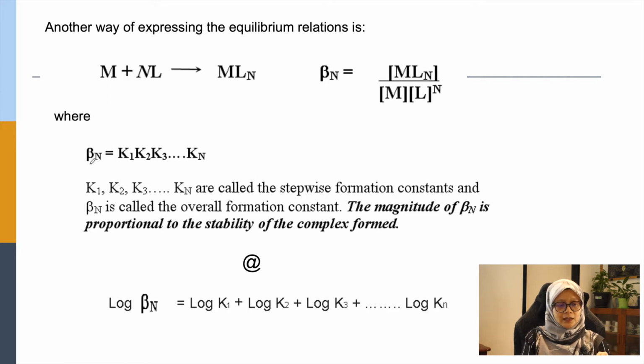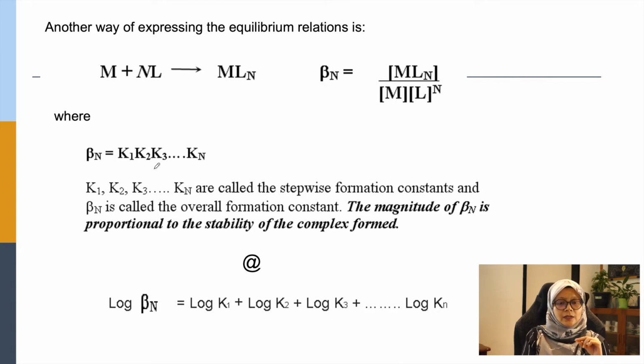The formula is beta n equals K1 times K2 times K3 until the maximum number of ligands in that reaction, which is Kn.